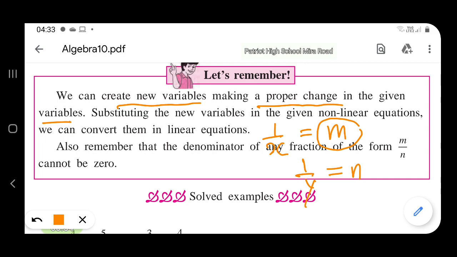So this is a proper change in the given variable, and we convert it into the standard form of the linear equation. So we find a new set of variables, that is m and n.